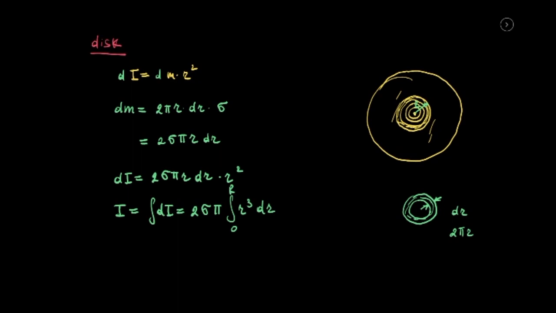The integration will give us 2 sigma pi, it is r to the fourth divided by 4 from 0 to R. So it gives us 2 sigma pi R to the fourth divided by 4. We know that the total mass M is equal to sigma multiplied by pi R squared.